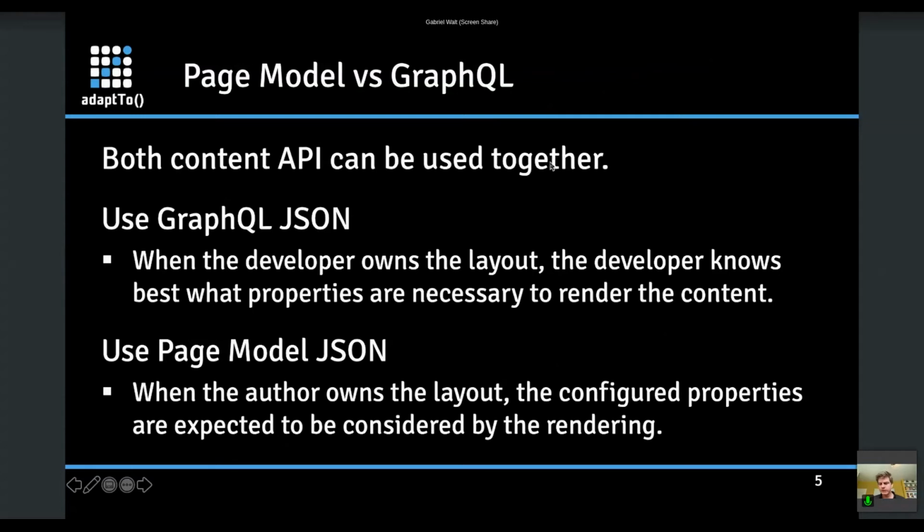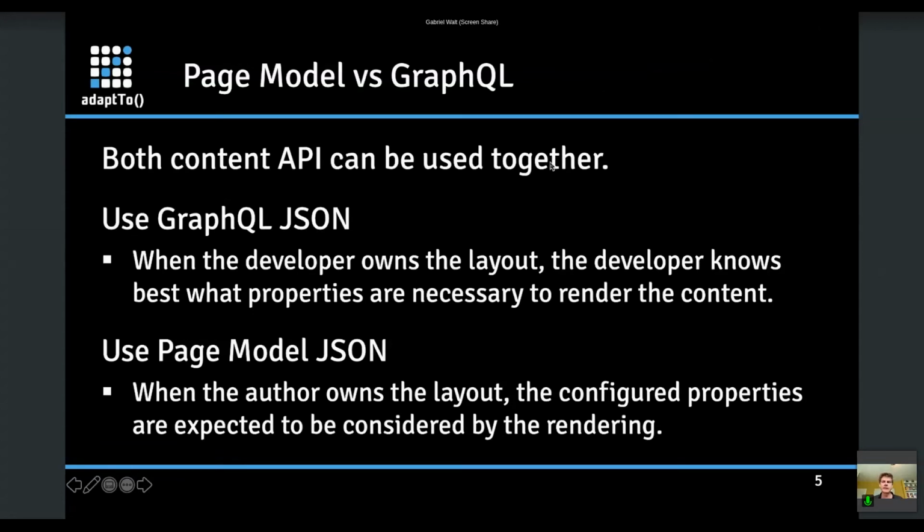In the page model JSON, it's a little bit different. You don't have that flexibility to build a query. And the reason for that is that you have in that model JSON everything that the author has configured. And if the author could configure something, it is really expected from the author that this is used to create the layout.